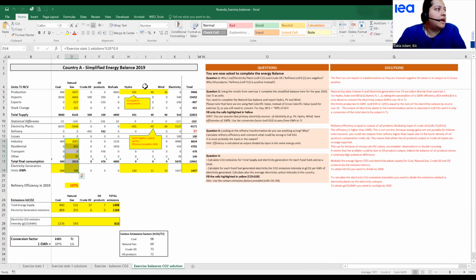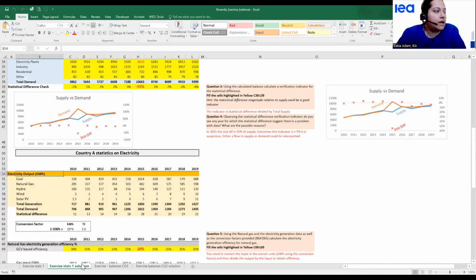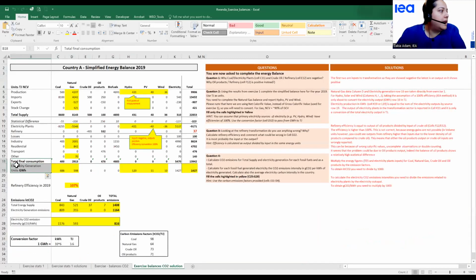For solar, hydro, and wind, what do we know? For electricity generation, you also have this information here. In this table, electricity generation is reported in gigawatt hour. So here you just link it directly.